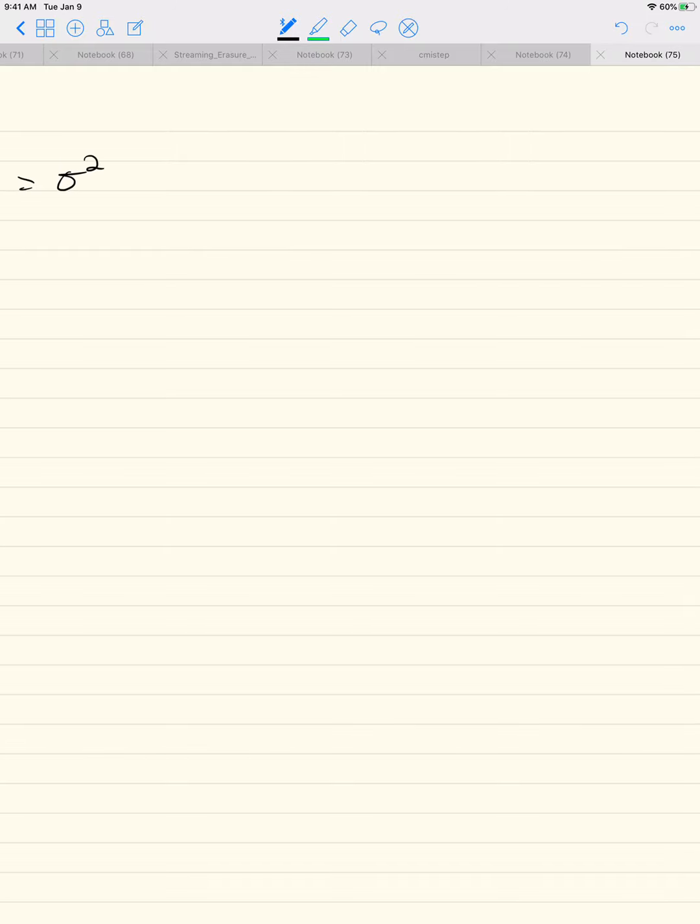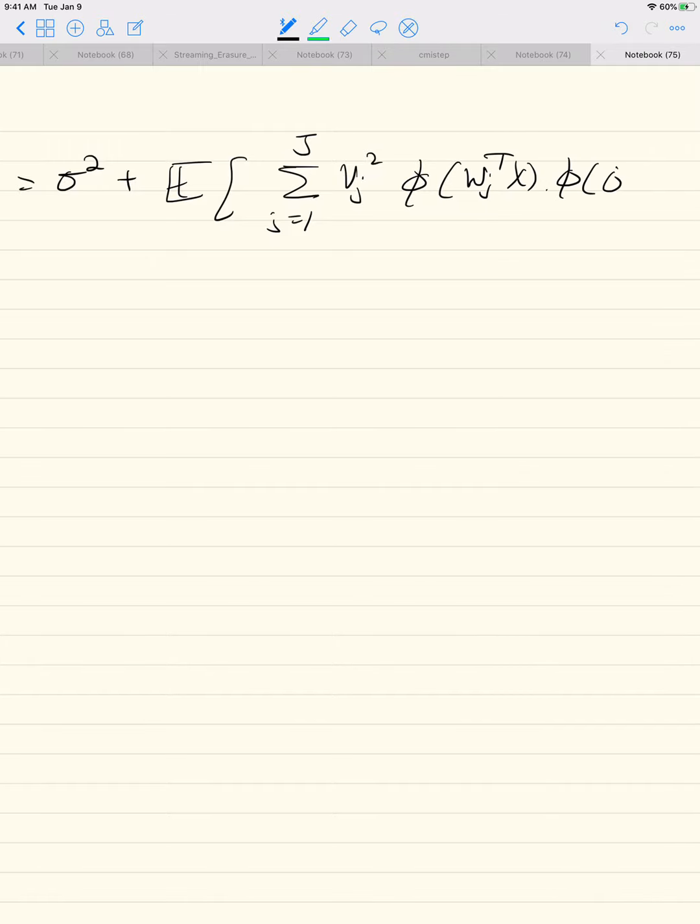This will become sigma square plus the expected value of the summation of j going from 1 to J, Vj square phi of Wj transpose x and phi of Wj transpose x prime. And all the cross terms will basically vanish.